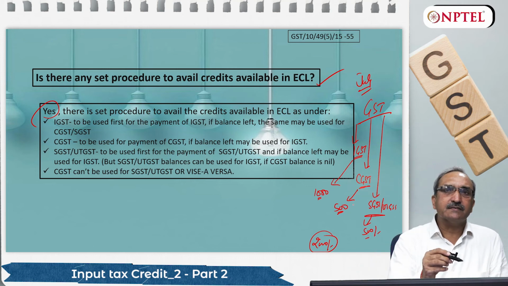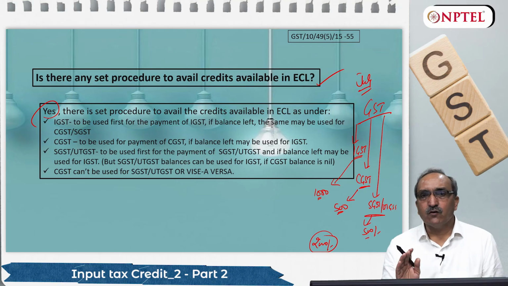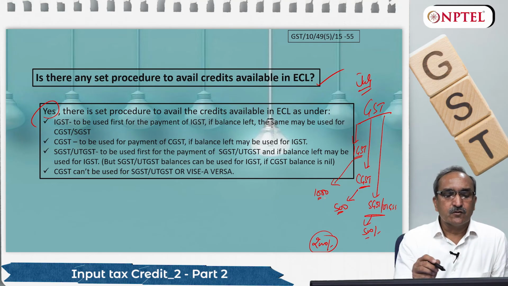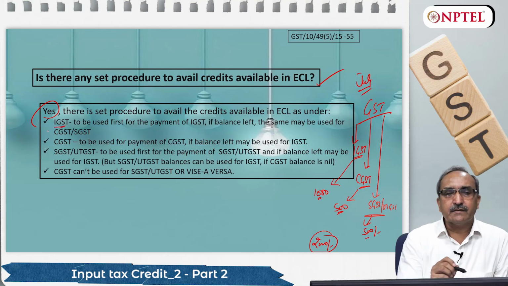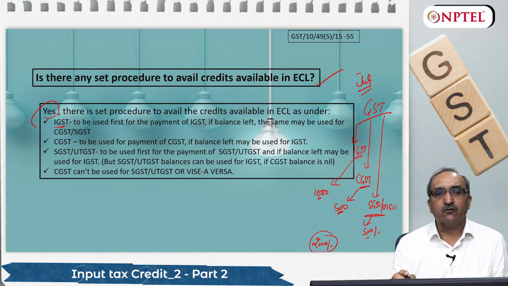So the same thing is mentioned over here: whenever you have a liability, your liability is 1000 rupees for IGST. It says your IGST liability must be set off from your IGST balance in your electronic credit ledger. So what does it mean?